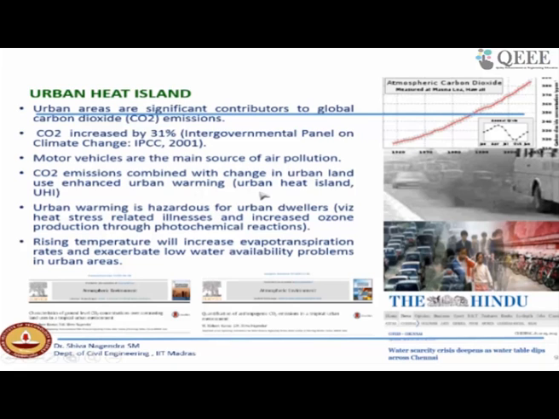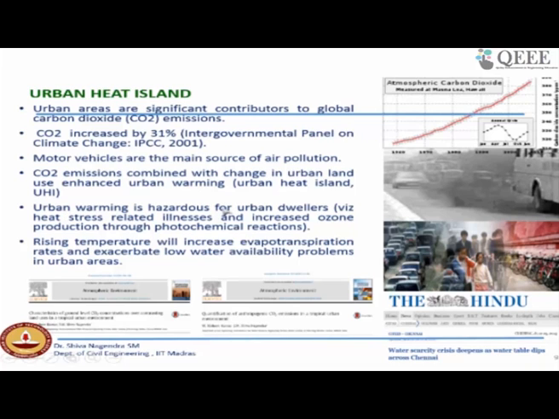With more CO2 emissions there is more heat trapped in that area, because any fuel combustion results in carbon dioxide and water vapor. So there is a possibility of more humidity, and CO2 and humidity both trap heat. Hence, you are going to see more warming in the central business district. This phenomenon we call the urban heat island, or UHI.